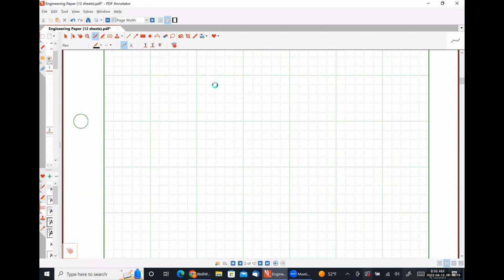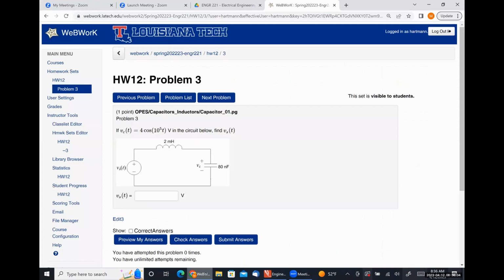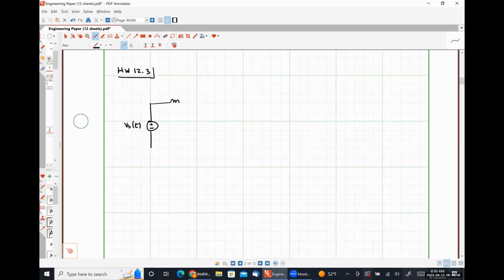This is homework 12, problem 3. Our circuit is this, Vs of t. Not that it matters, but it's inductor first, capacitor over here.